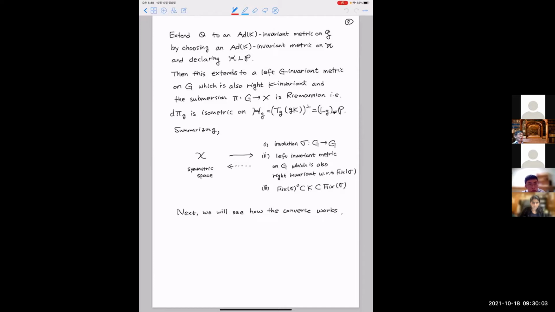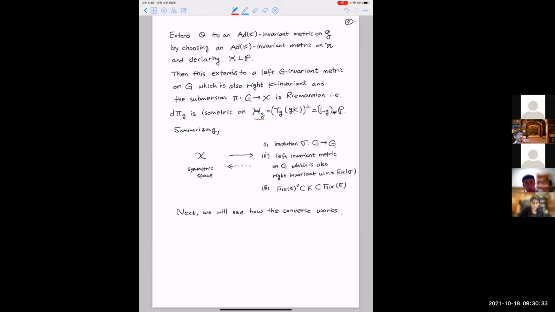And also the submersion pi is Riemannian. That means that if you restrict the differential of pi to the horizontal space, from P under the left action of G, then this is an isometry.